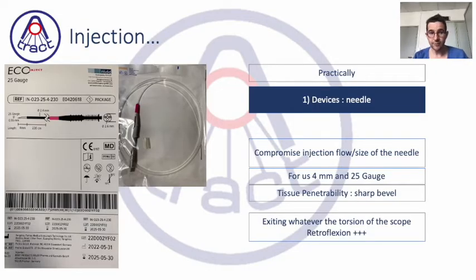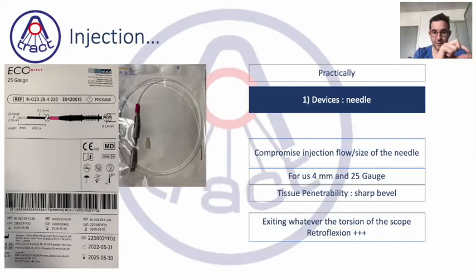And what is very important for us is that your needle is able to exit everywhere, even if you are retroflex with an important torsion in the scope. For this, the best needles are the ones with a metallic distal sheath in the plastic catheter, because this metallic part will orientate the needle, and therefore it will exit in any position.